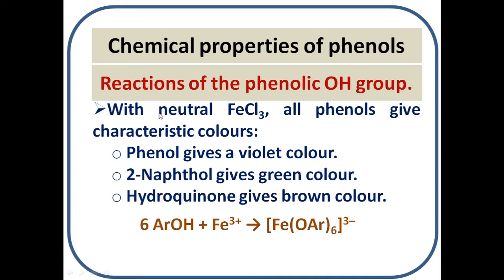Next reaction is with neutral ferric chloride. All phenols will give characteristic colors. For example, particularly if we take phenol, it gives a violet color. If we take 2-naphthol, then it will give a green color with neutral ferric chloride. If we go for hydroquinone, it gives a brown color. This coloration is actually due to the formation of a complex with the ferric ion.